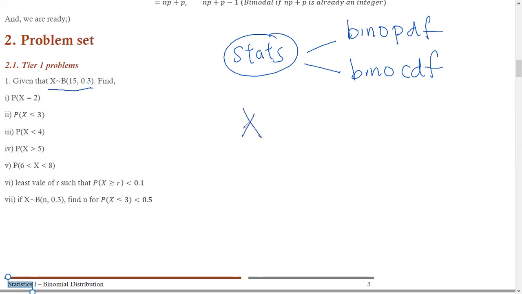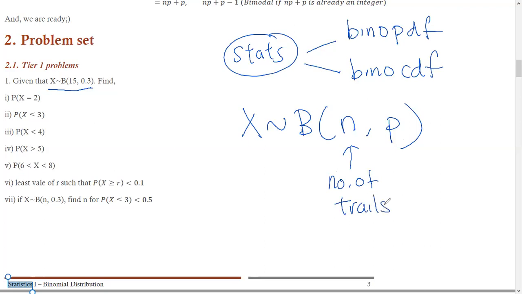If something follows a binomial, I have to declare it to follow binomial given n, p, whereby n, as we discussed, is the number of trials, and p is the probability of success. There's no context for this part.